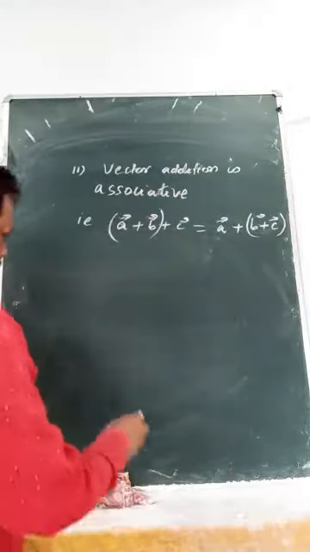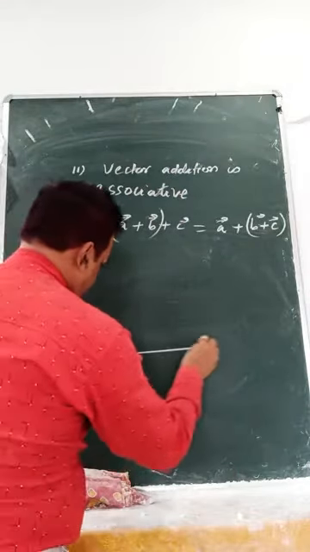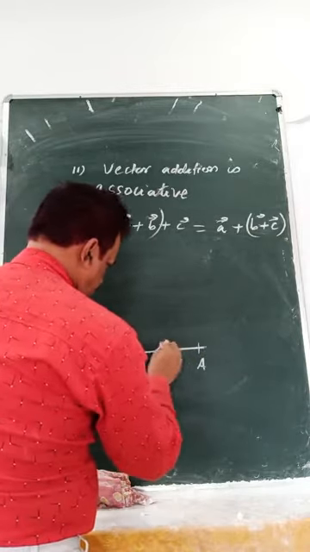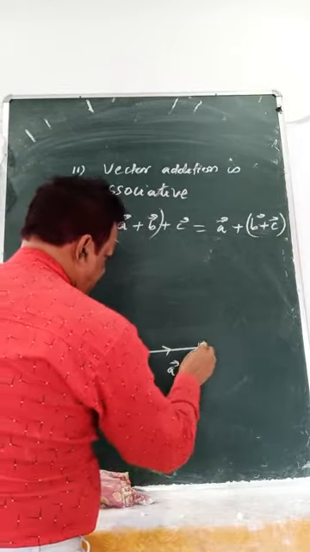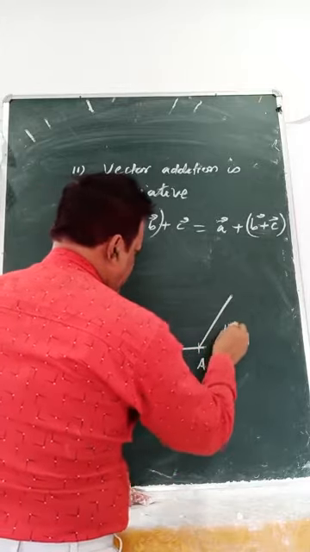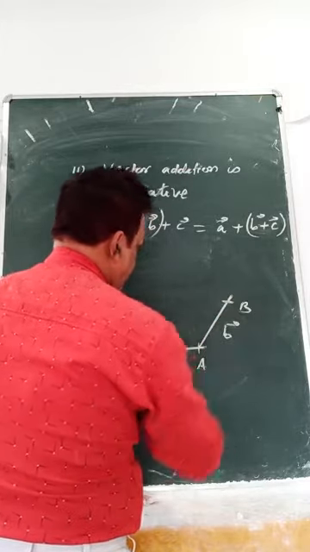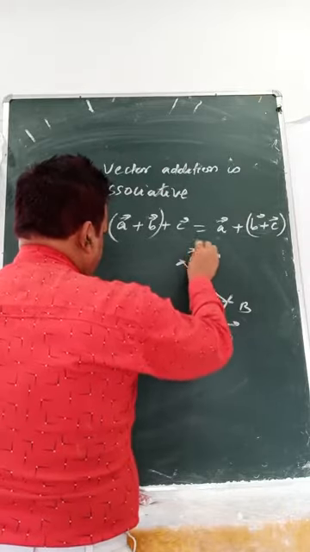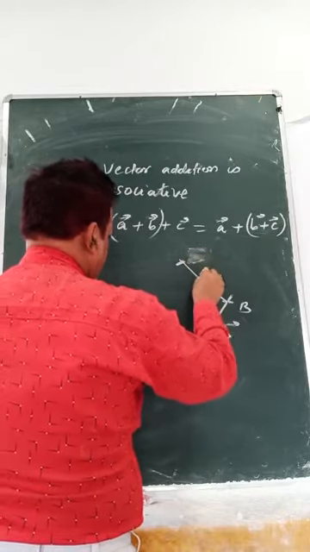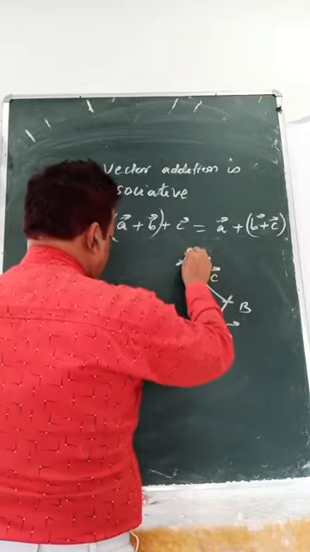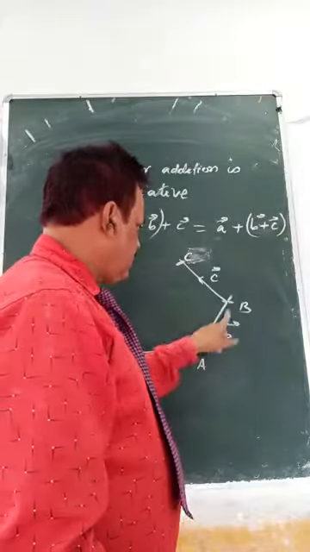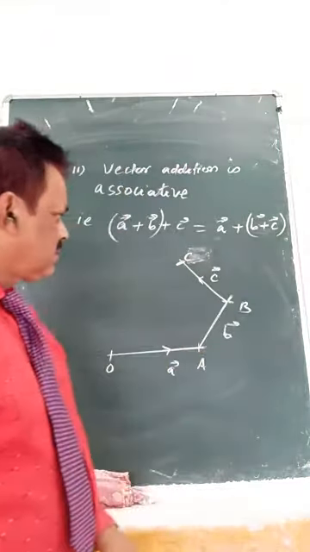How to prove it? Look, this is O, this is A vector, this is B vector, and this is suppose C vector. Three vectors are taken: OA, AB, BC.